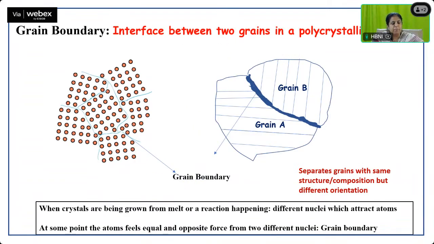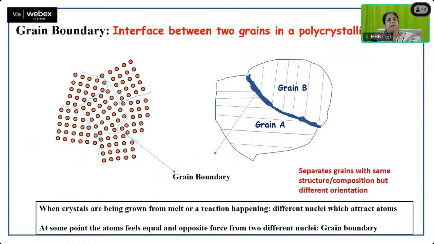The most important 2D defect that I would talk about, I would say, is the grain boundary. What is a grain boundary? Many of your materials are basically not single crystals. Suppose right now you are looking at a block of iron, or a key in your hand, or anything, let's say an iron slab. Ultimately, they are all polycrystalline. What do we mean by the word polycrystalline?